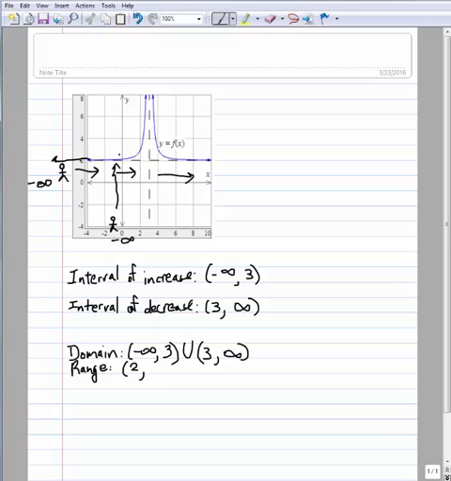Then if we kept walking up this graph, we would continue to see a graph forever, all the way up to positive infinity because of these arrows. This is telling us that this graph is going on forever and ever. So our range on this graph is from 2 to positive infinity.